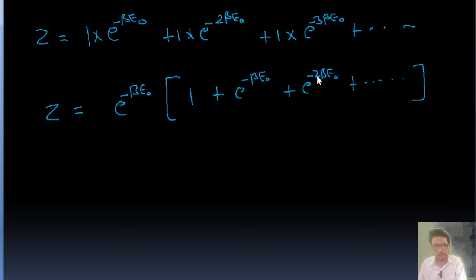Okay, so now z is going to be e to the power minus beta E naught. This we can find out, right?